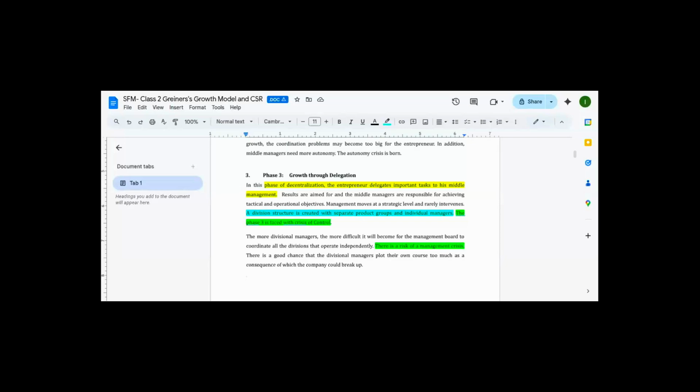So what is the major challenge that we have as a crisis in phase 3? It is the crisis of control. And that is very, very normal.